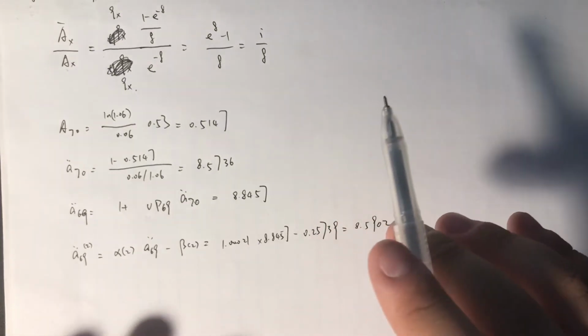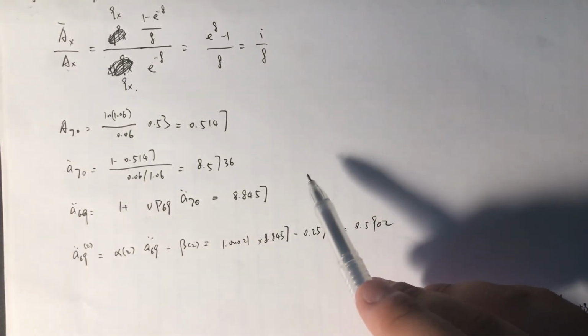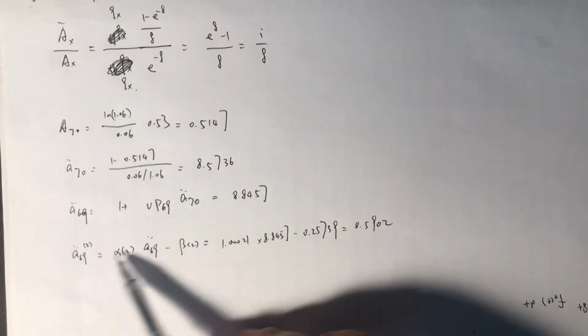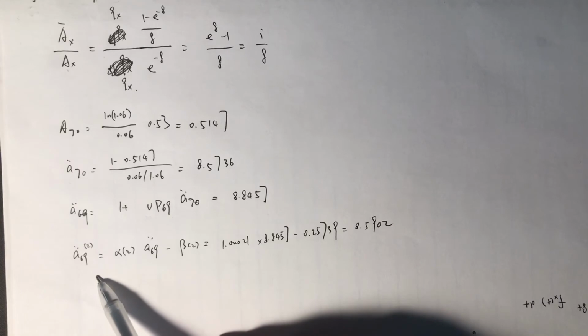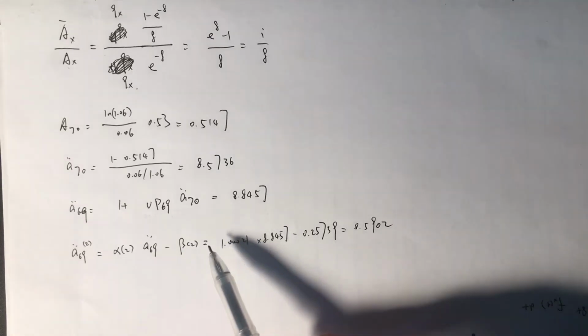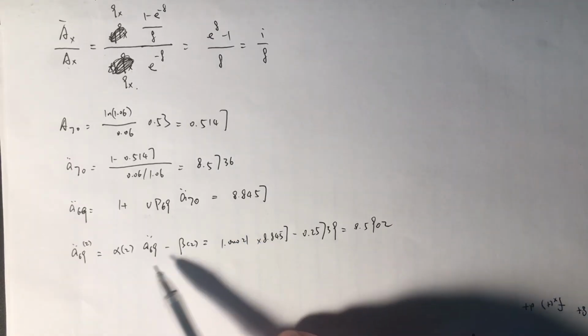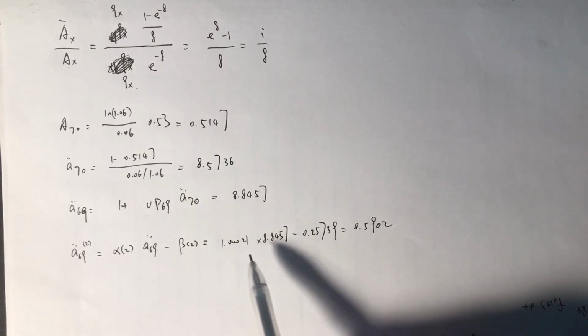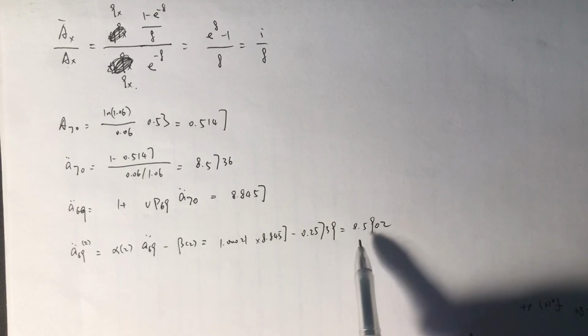And since it is under the uniformly distributed death assumption, we can use the formula for the semi-annual payable annuity, right? And you just look up from the table the exam gives you, and you get the result.